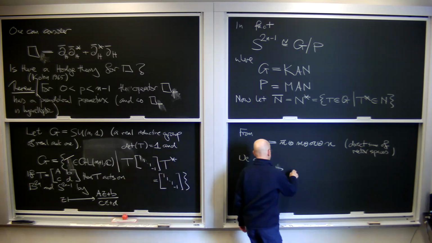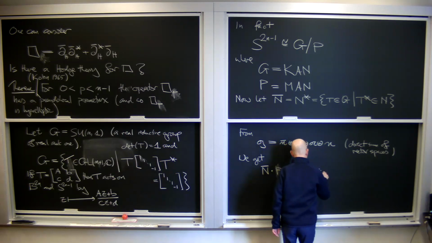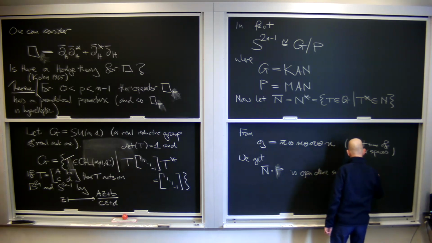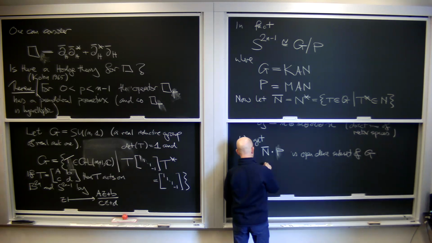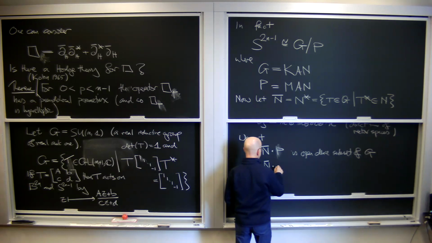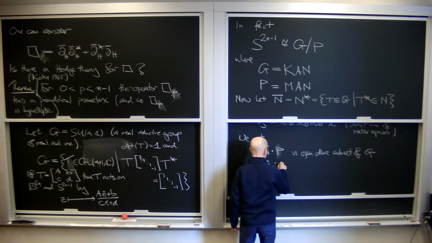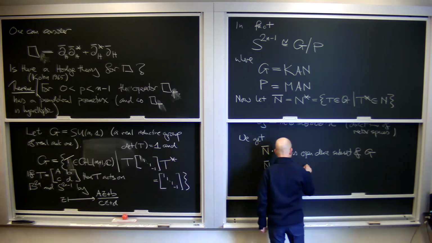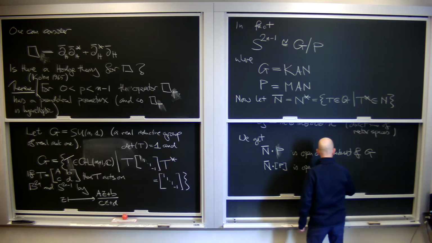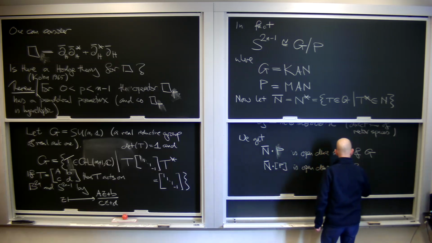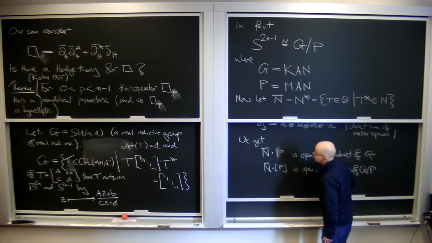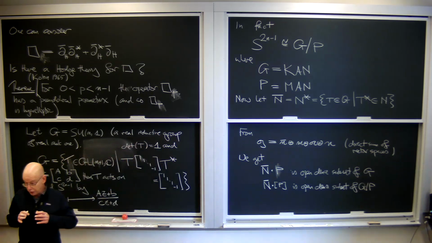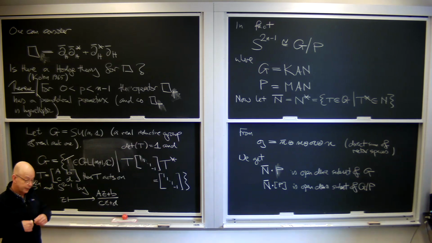This thing here is an open, dense subset of G. Or if you like, n bar times the class of P in this homogeneous space, G mod P, is an open dense subset of G mod P. So what this sphere looks like is a copy of n plus a little bit extra.